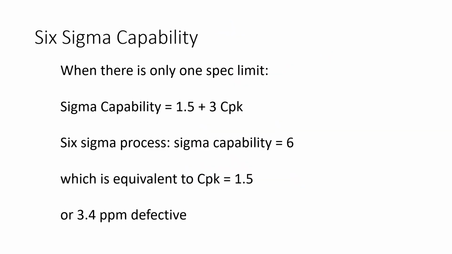When there is only one spec limit, sigma capability is equal to 1.5 plus 3 times CPK. A 6 sigma process is one with sigma capability equal to 6. This is equivalent to a CPK of 1.5, or a 3.4 ppm defectives process.